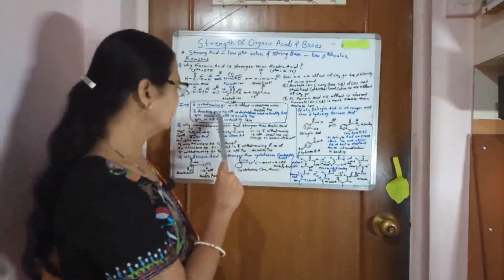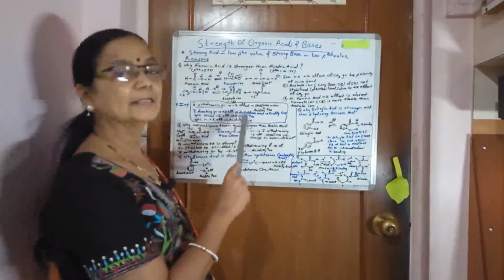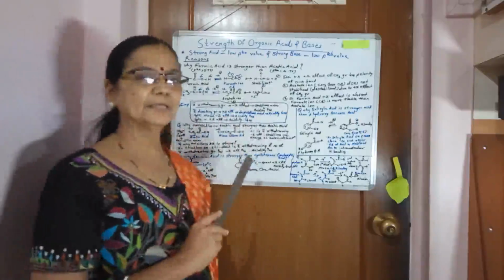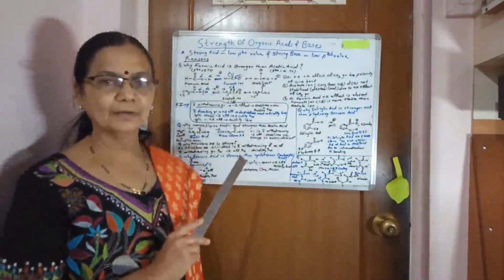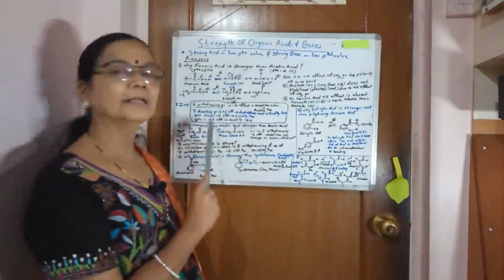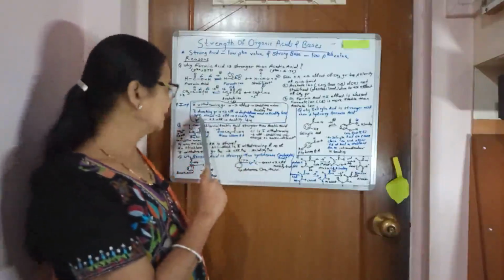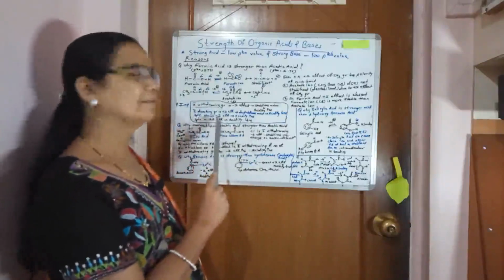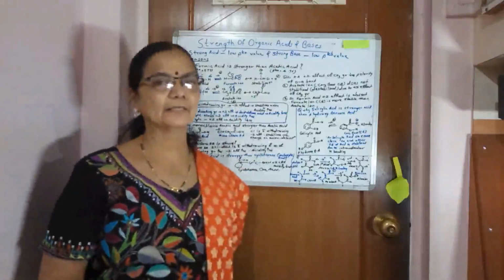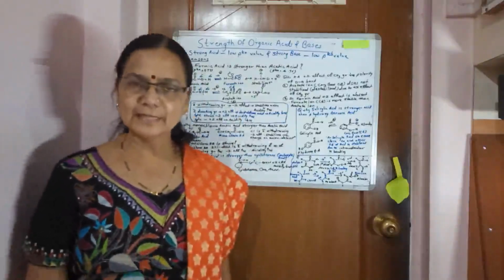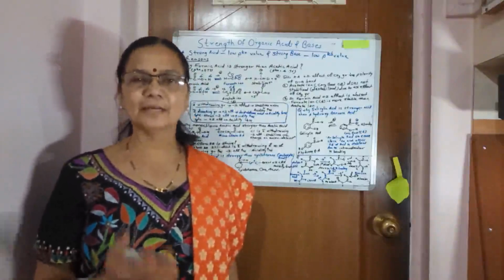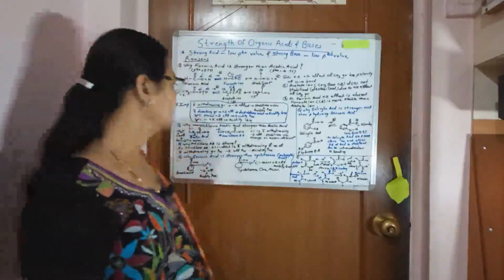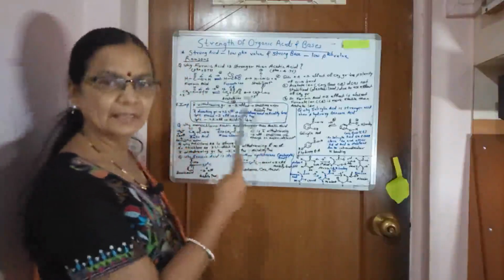And if an electron withdrawing inductive effect is there, acidity will always increase. If an sp3 carbon is there, means a single bonded carbon that doesn't contain any double or triple bond, then the sp3 carbon exerts the plus I effect. If plus I effect is there, acidity will decrease. Therefore, minus I effect will increase the acidity, while plus I effect, the electron donating effect, will decrease the acidity. These are some important basic things.